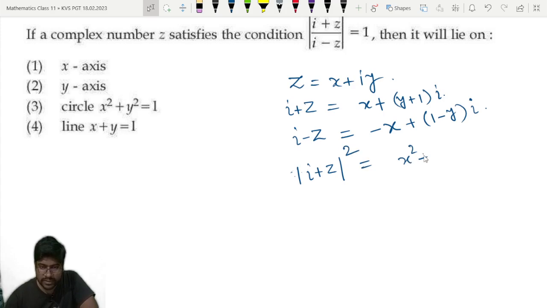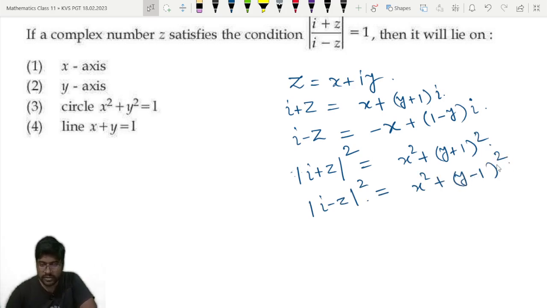So this will be x² + (y + 1)². Similarly, the modulus of i − z squared will be equal to x² + (y − 1)², because (y − 1)² is the same as (1 − y)².